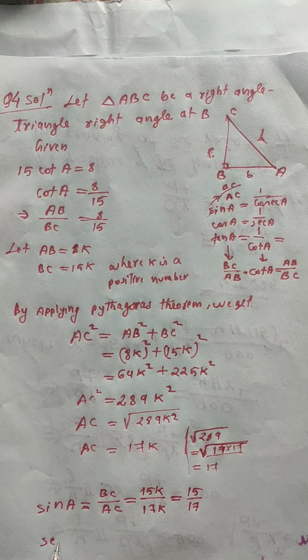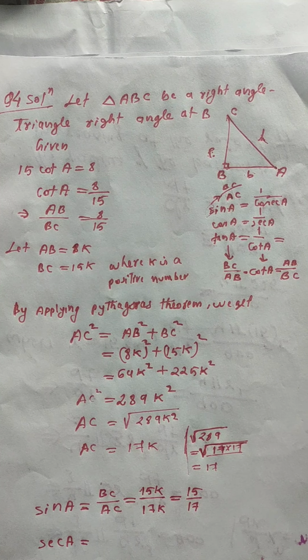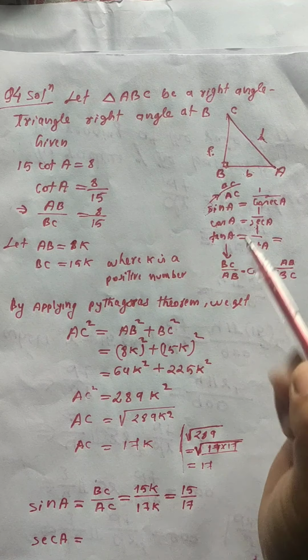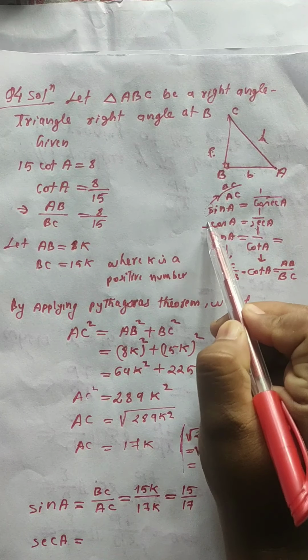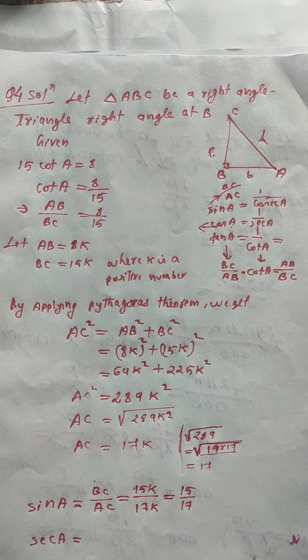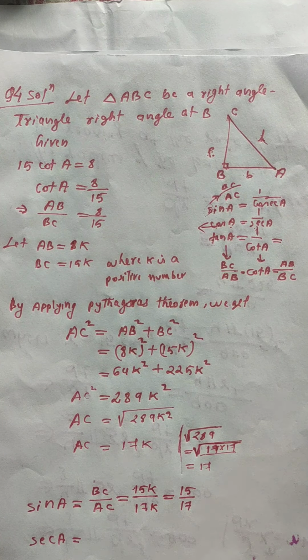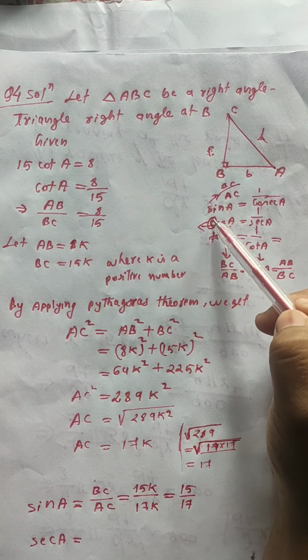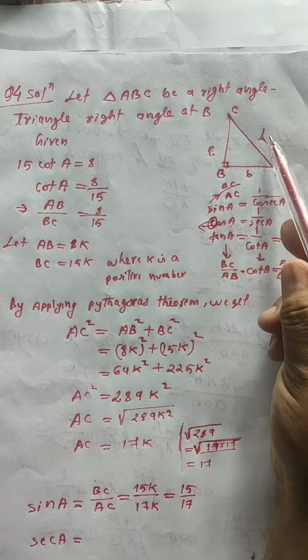Sec A. Now sec is related with cos A, isn't it? First we have to calculate the formula of cos A. Cos A. C for what? Cos, isn't it? Cos. That means what? Curly black hair.